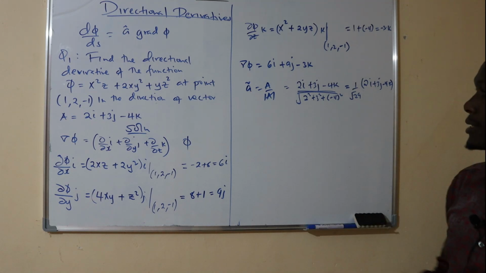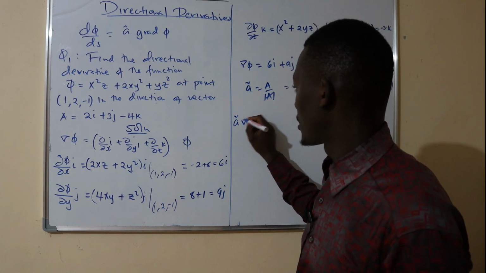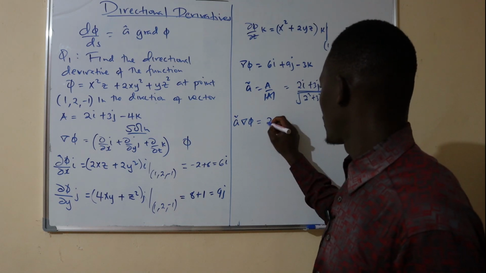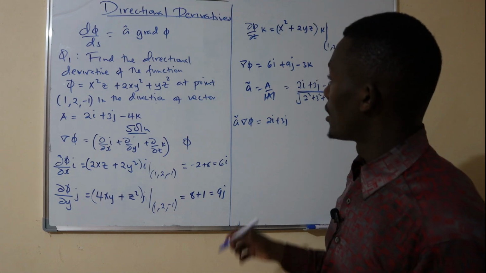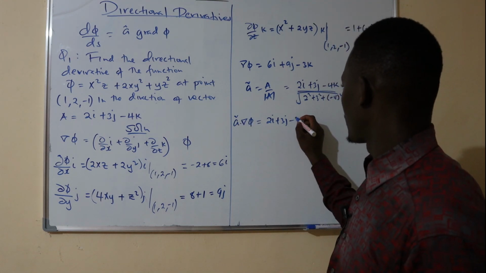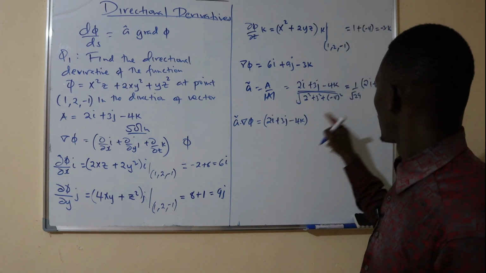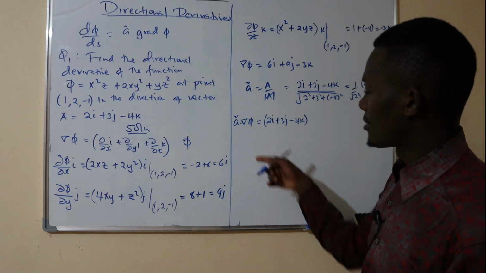So therefore the last part now is getting our a-hat, then the grad of phi. So what is our a? It's given by this. It is 2i plus 3j minus 4k, and it is a dot product. Okay, we have that. Then remember we have a constant, so we can choose to have the constant at the beginning.